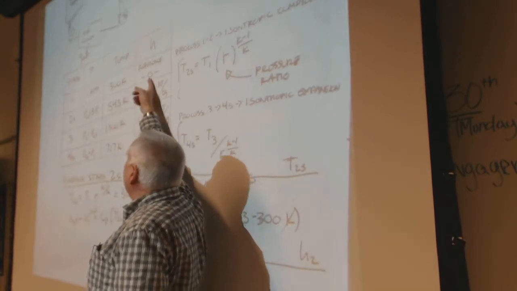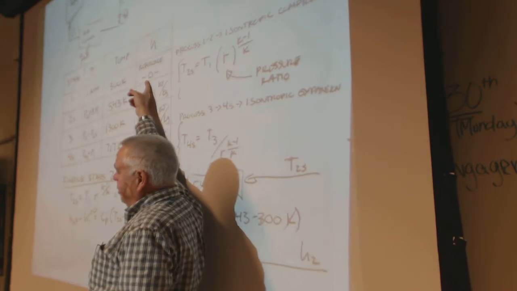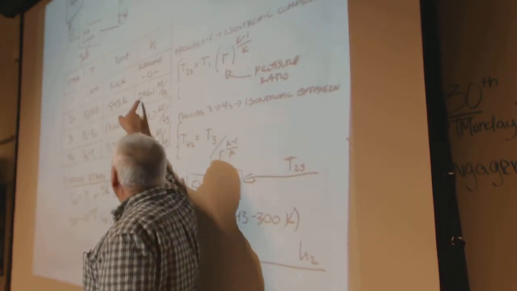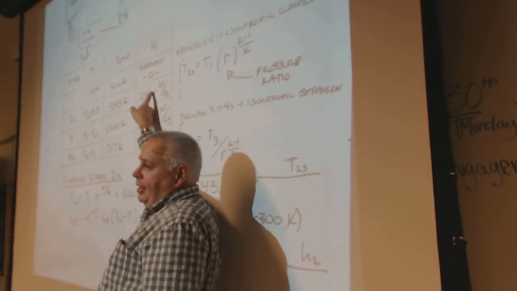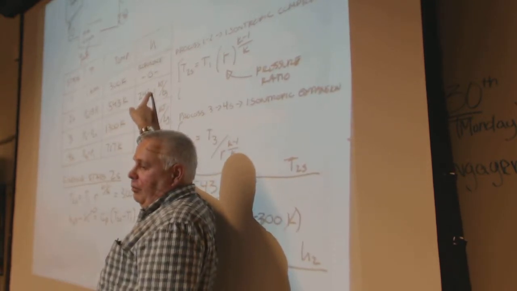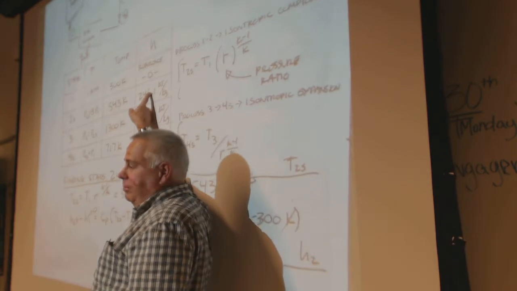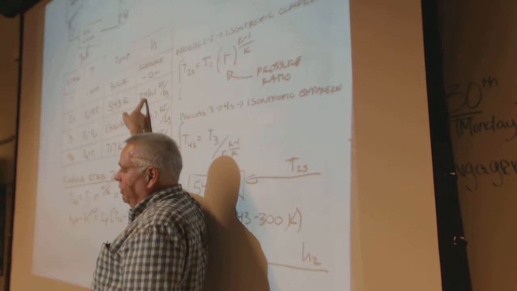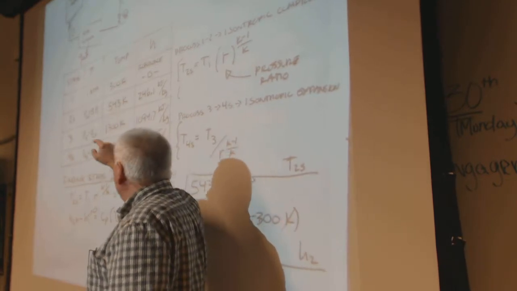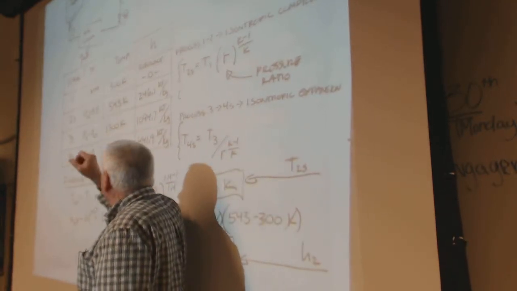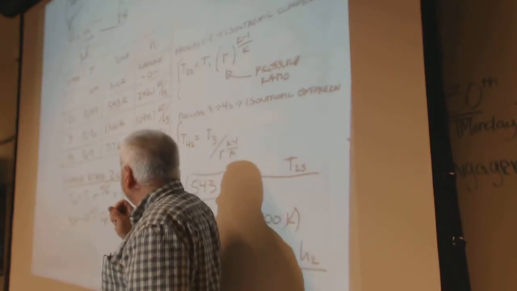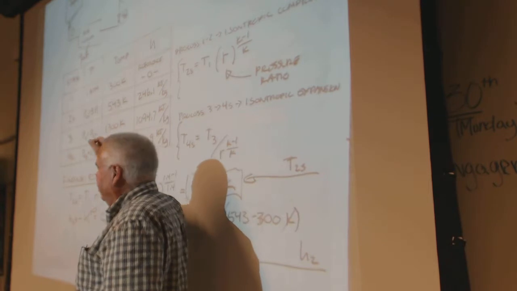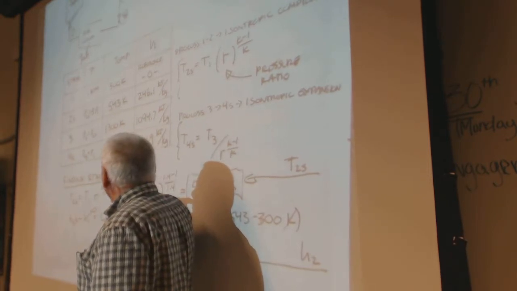I'm going to assign the lowest value at the inlet as 0. Not that it's 0, but that's my reference, and we build on that. So this is 246.1 kilojoules per kilogram more energy at the end of the compression than it was. If this is 0, that makes this 246. And then they told us that the entrance to the turbine was 1300 Kelvin. The question is how much energy does that mean?